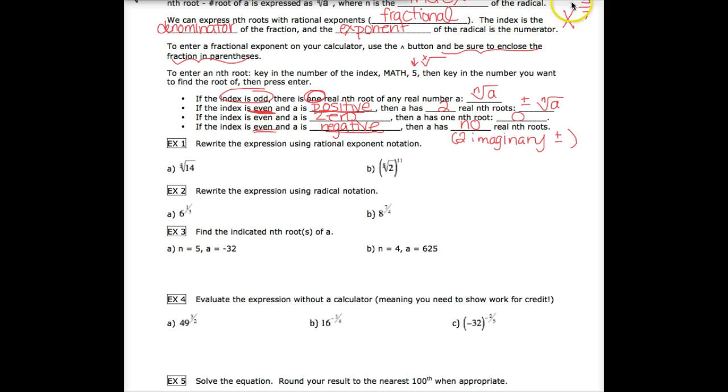So all we're doing is exactly what I did up here. We're saying, okay, 14 is my base. I know it's a fractional exponent. Whatever the index is, my denominator, so that's a 4. Whatever the exponent is, well, there isn't one. So if there is no exponent, that means the exponent is understood to be 1. So we rewrite that as 14 to the 1/4 power.